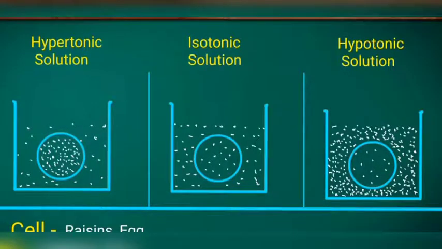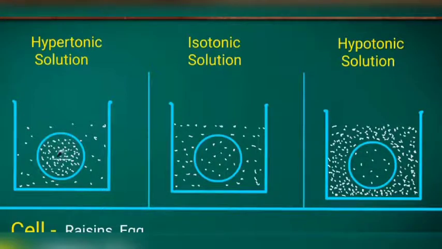In the first figure you can see this is the hypertonic solution. Here you can see the concentration inside the cell is higher than the concentration outside of the cell. So what happens?